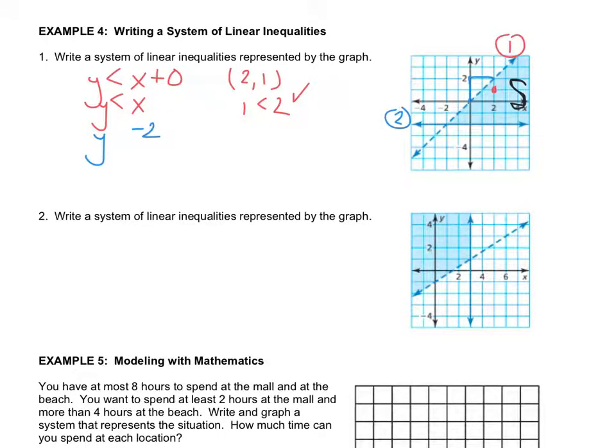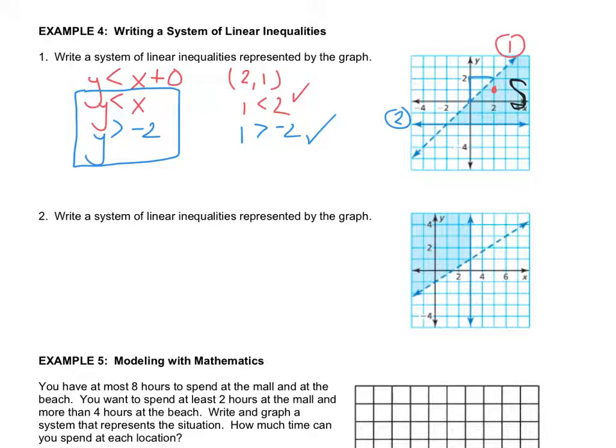So let me test that same (2, 1) point. There's no place to put the x, but the 1 can go in for the y. Is 1 greater than -2? Yes.